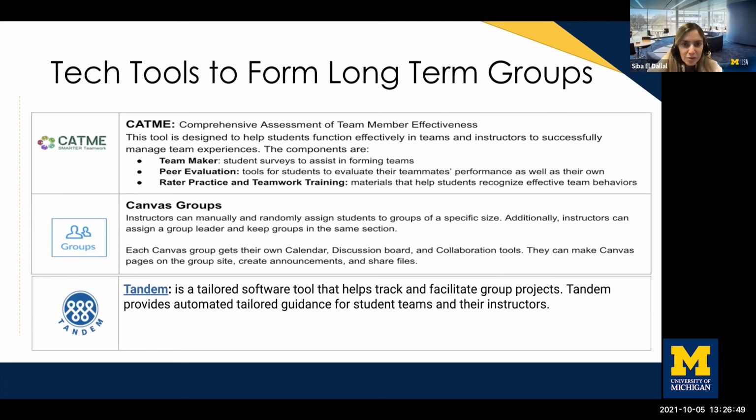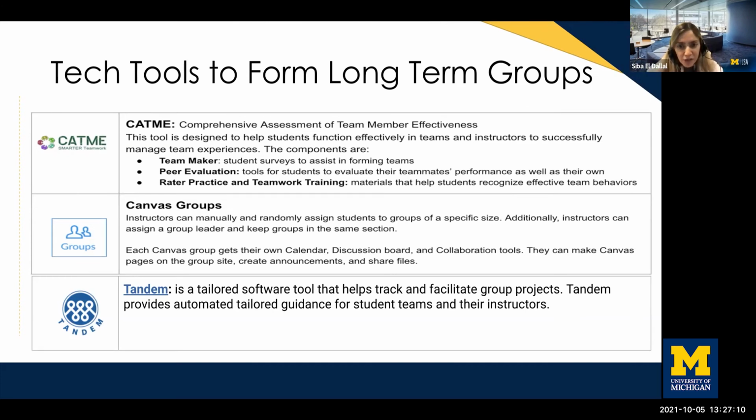I'm going to jump in here to go into details about the tools that I mentioned before. If you want to sort students by abilities, past performance, or learning styles, CATME and Tandem are two effective tools that can help you create and build your teams.